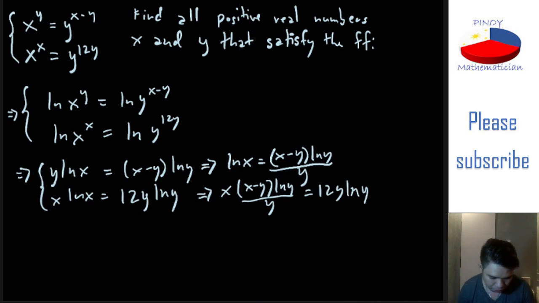Now we're gonna simplify this further in the second equation. Let me emphasize the ln y, so I'll just put the over y in x times x minus y.